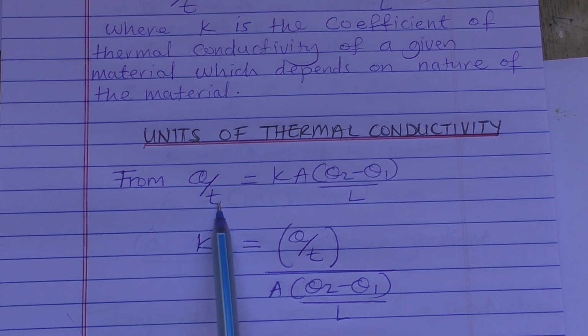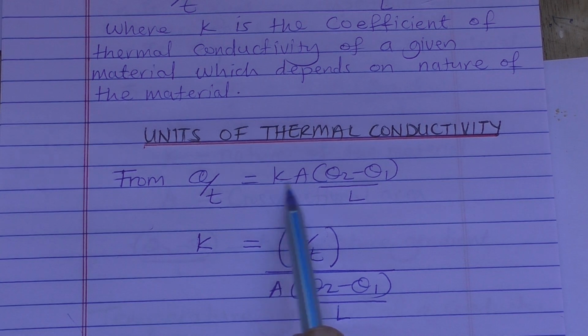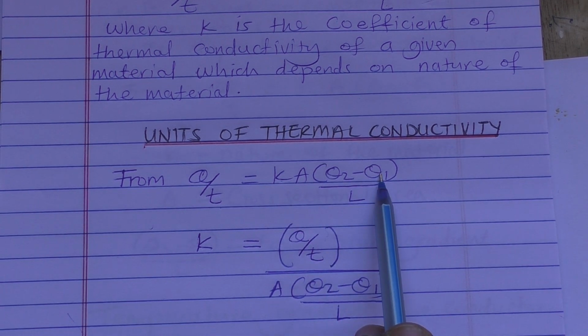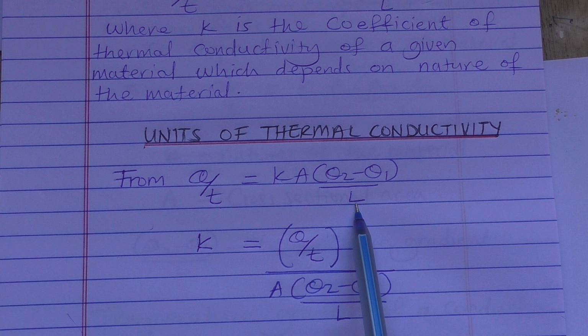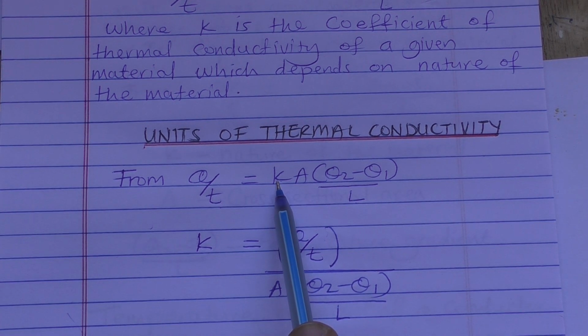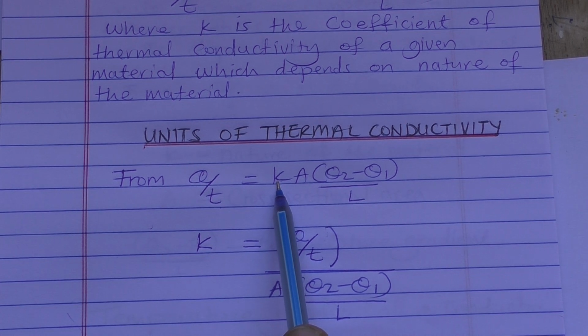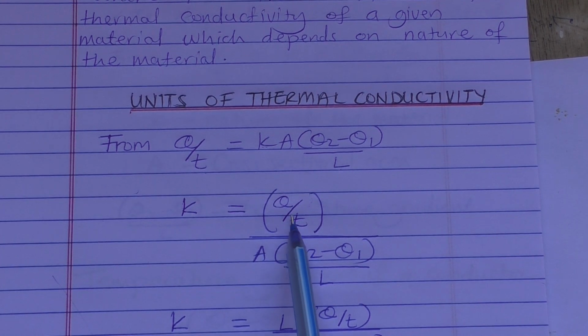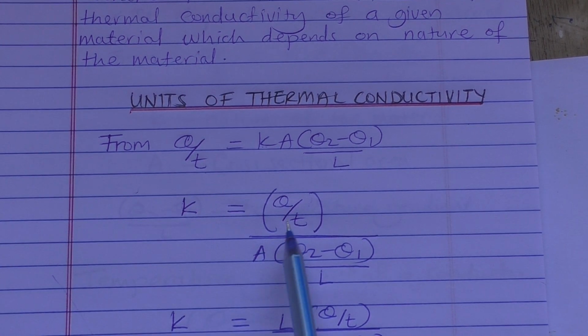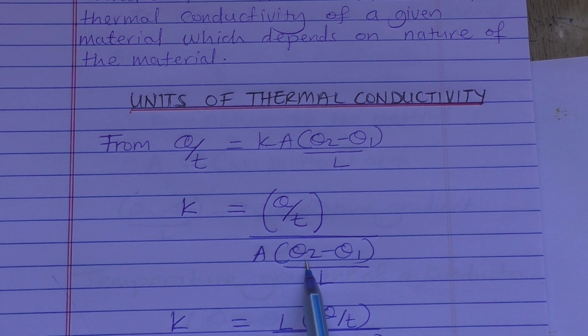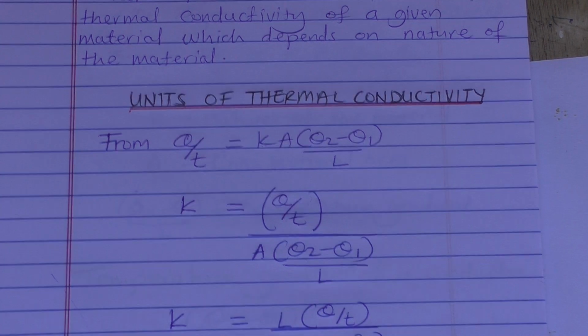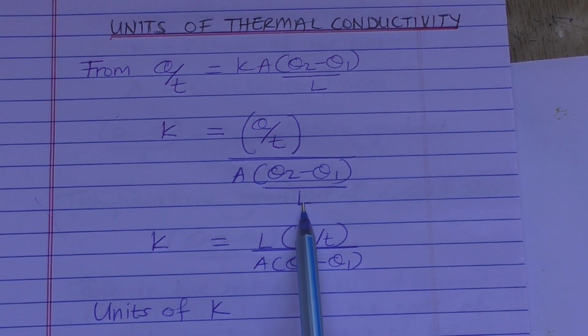Since we've seen that the rate of heat flow is given by KA(theta 2 minus theta 1) over L, where K is the thermal conductivity, then for us to derive its units, we must make it the subject, whereby we shall have K, the thermal conductivity, as the rate of heat flow over the cross-sectional area over the temperature gradient. So we shall take this up.